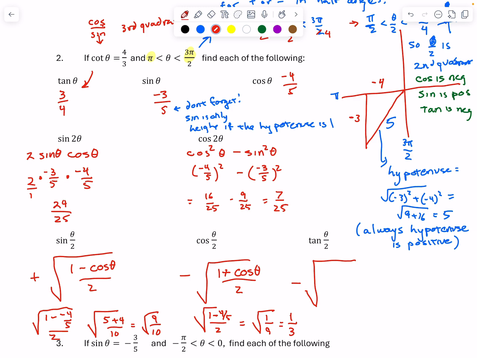Okay, next. Sine part over cosine part. And the 2s cancel. So you just have square root of, let's see, 9/10 over 1/10.